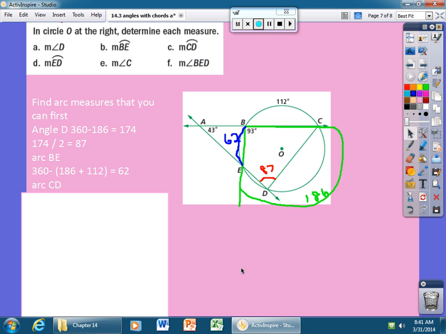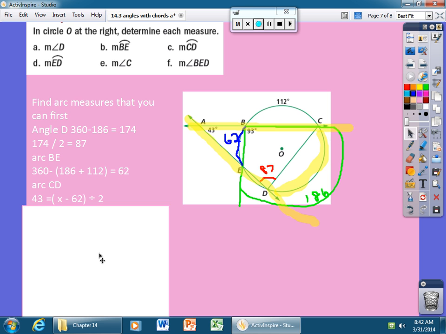The next one they asked me for is arc CD. If I'm looking at arc CD, and let's use a highlighter for this one so that we can see it, let's look at the two secants. I want this arc right in here. If you remember, whenever we have two secants that intersect outside of the circle, we would take this one, subtract the 62, divide it by 2, and get 43.